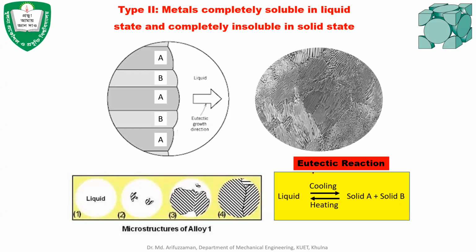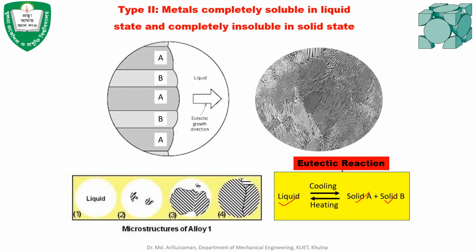And the eutectic reaction that I was talking about in the previous slide, that is, when the liquid is cooled down, then solid A and solid B precipitate separately. That means solid A and B are not mixed with each other in any way.